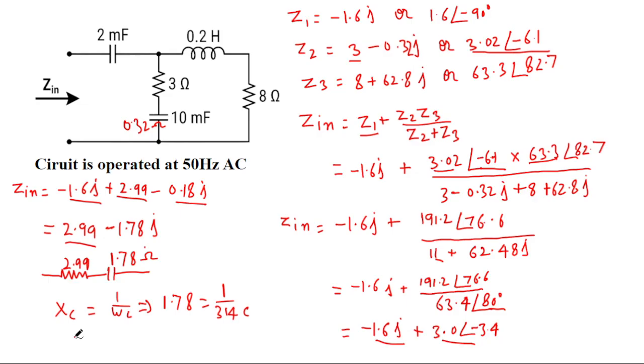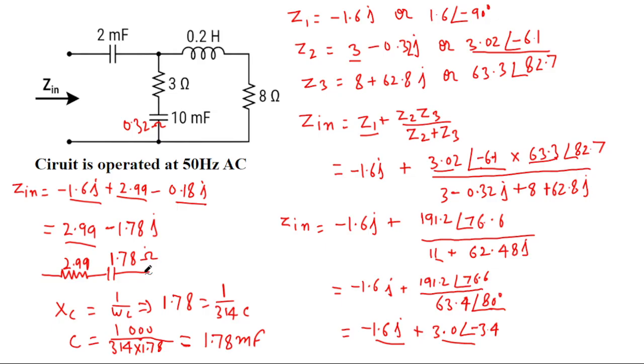So the value of C can be found out as 1 divided by 314 multiplied by 1.78. If you multiply it by 1000, then it will come in the form of millifarad. So if you calculate this one, it is coming here as 1.78 millifarad.